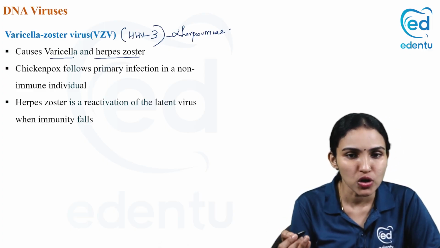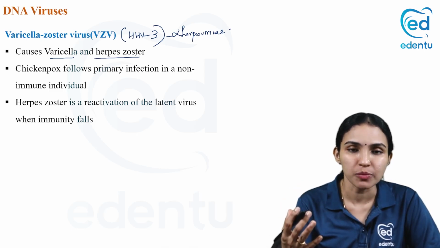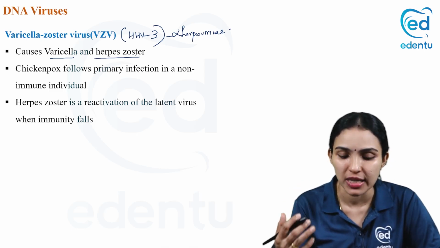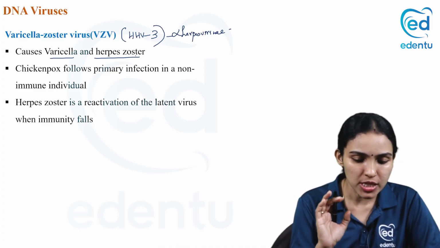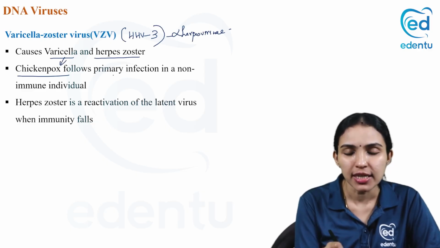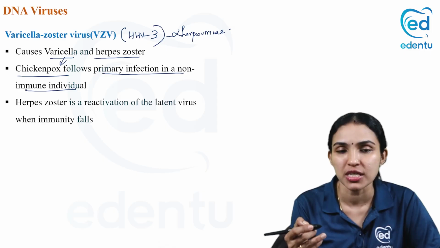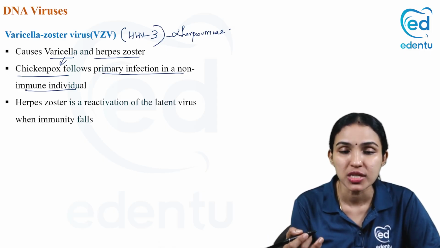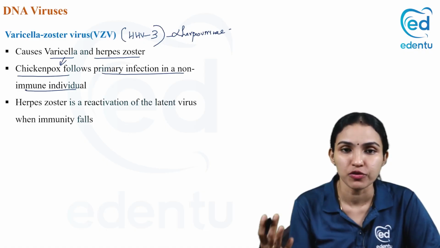Varicella is chickenpox, and herpes zoster is actually a different manifestation of chickenpox, which is due to reactivation of the latent virus when the patient's immunity falls. Chickenpox is the primary infection in a non-immune person. Most of us acquired chickenpox in childhood. We are all non-immune to this virus, so you get it for the first time and have chickenpox.